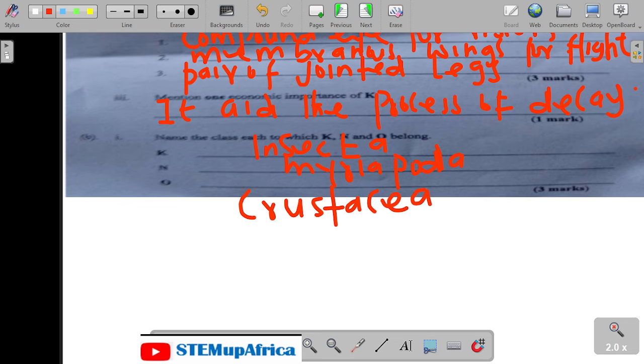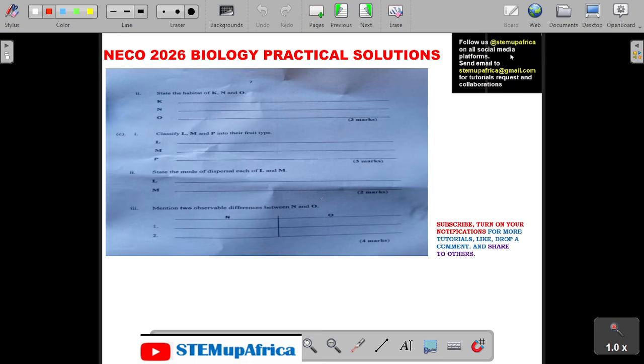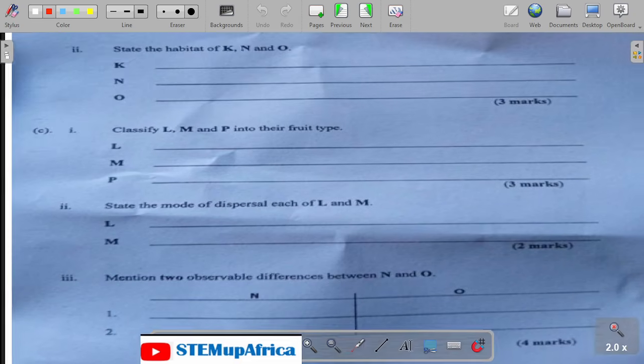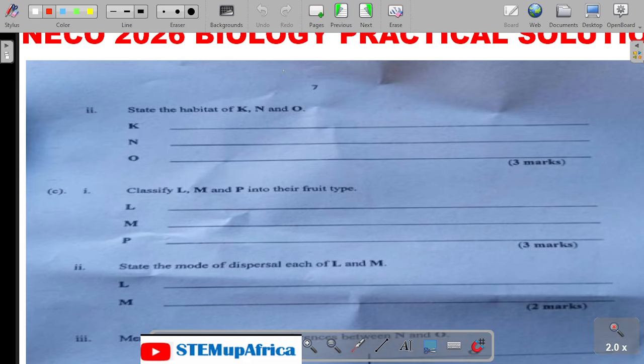Let's go to Roman figure 2 of B. It says, state the habitat of K, N, and O. K is terrestrial habitat.